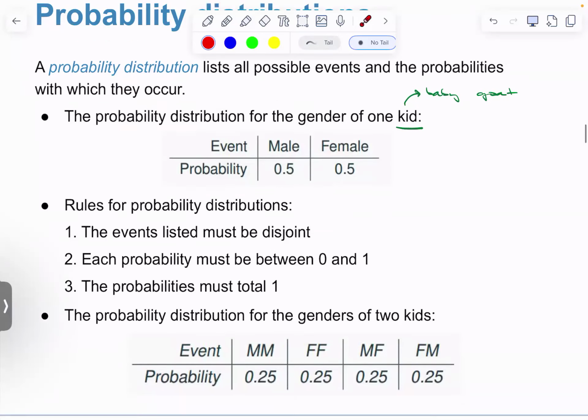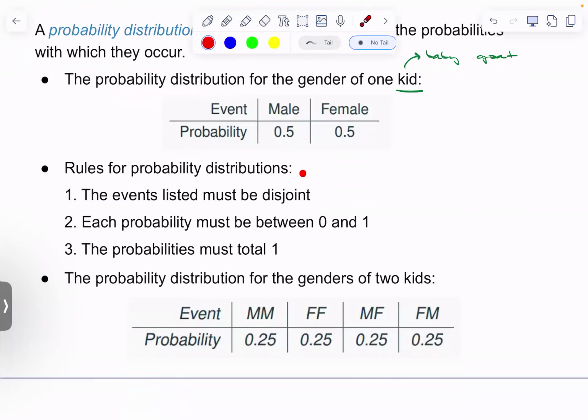And so now there are some rules for these probability distributions. The events that you've listed must be disjoint, right? They can never happen at the same time. So it's either one or the other, we just don't know which one. Each probability has to be between 0 and 1. And so 0.5 is between 0 and 1, of course, because they're the same.